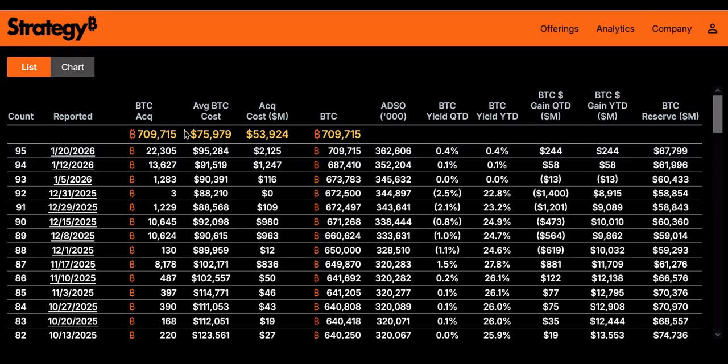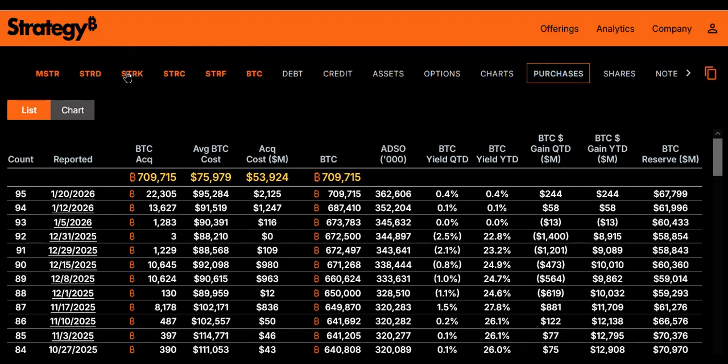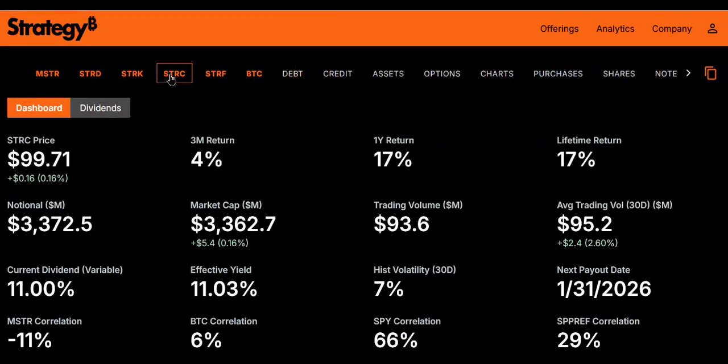And then the company also issues the preferreds, which is called preferred, and this is the preferred which starts paying 11%. So they're paying 11% on the debt, and that also gives them cash.